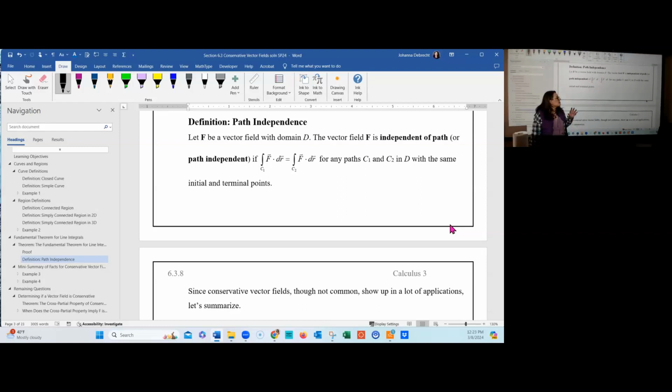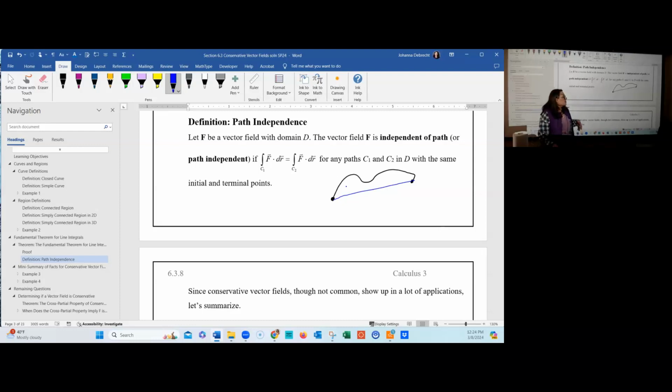Now, C1 and C2 have to have the same initial and terminal points. They have to begin in the same location and end in the same location. But they can take two completely different paths to get there. So they could start here and end here. One of them might follow a path that does this. And the second one could follow a path that does that.